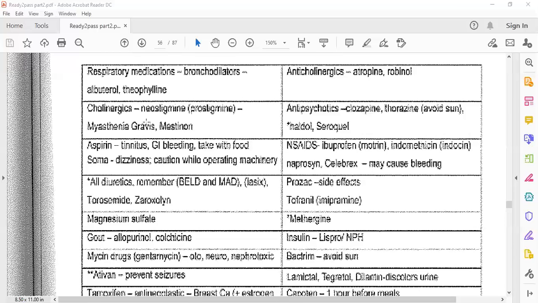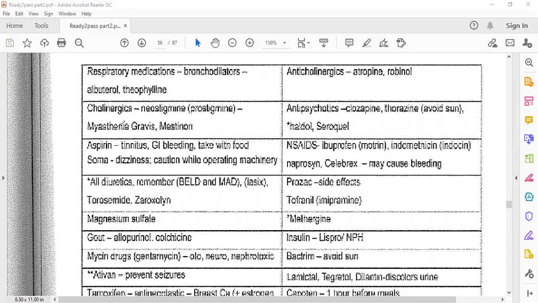So cholinergic agents or drugs are compounds which mimic the action of acetylcholine, right? So the word is choline. If I ask what cholinergic drugs are used for, we use these drugs for myasthenia gravis, cholinergics like neostigmine.